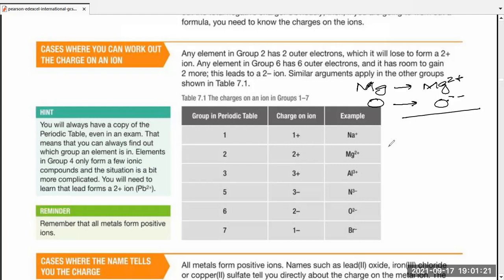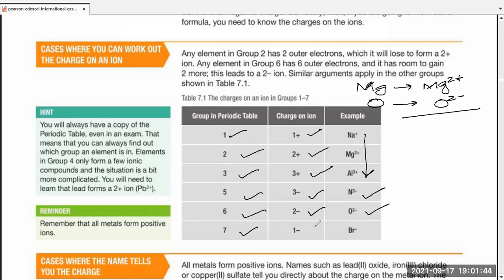Going through groups 1 to 7: group 1 loses 1 electron, charge +1; group 2 loses 2, charge +2; group 3 loses 3, charge +3, and these are the examples we recently discussed. Group 5 gains 3 electrons, charge −3. Group 6 gains 2 electrons, charge −2.